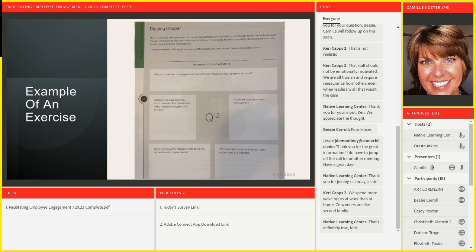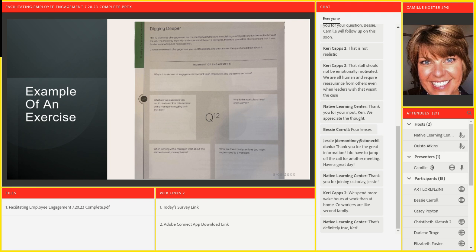And then do a deep dive with your employees and find out, why is this so important to your team's success? So these are conversations you can have as a team. You can also have them with individuals, but this is just an example of this tool that you can truly use.